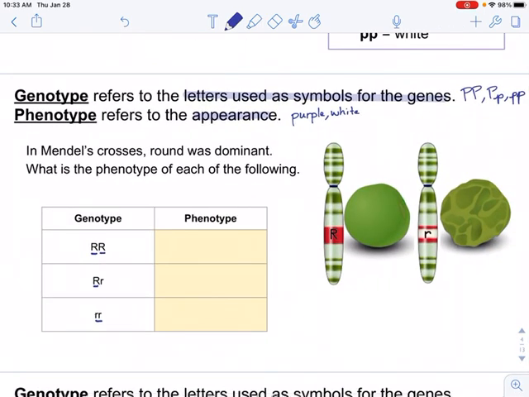So let's use a slightly different trait. Let's look at round versus wrinkled seeds. When Mendel crossed his pea plants that were round and wrinkled, he determined that the round trait was dominant and the wrinkled trait was recessive.